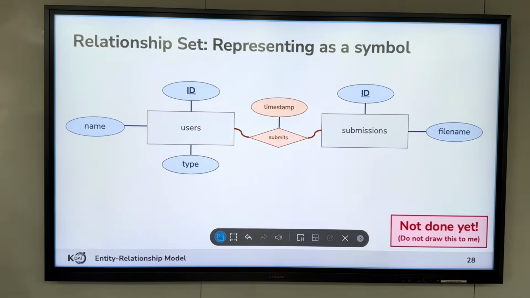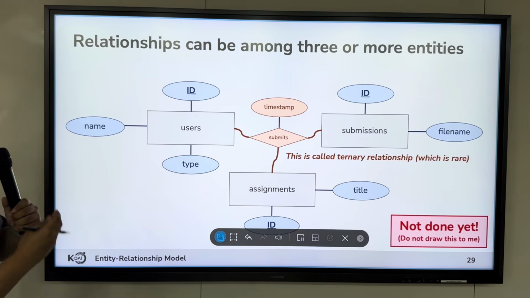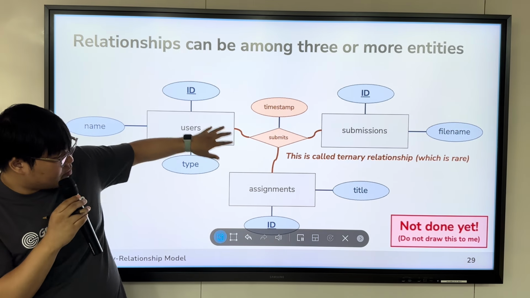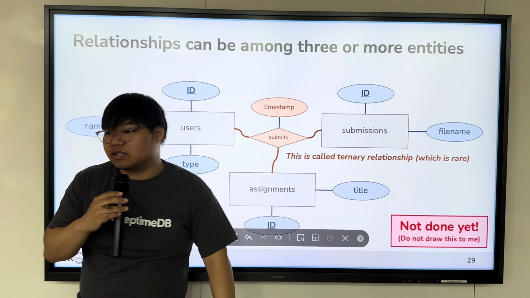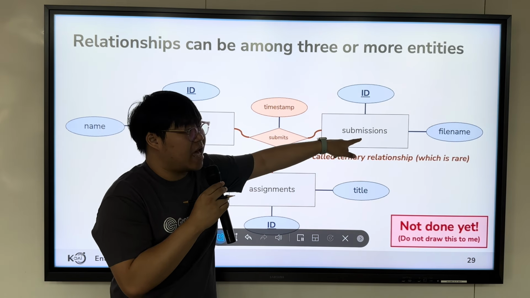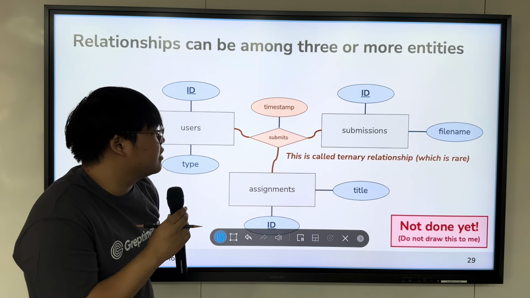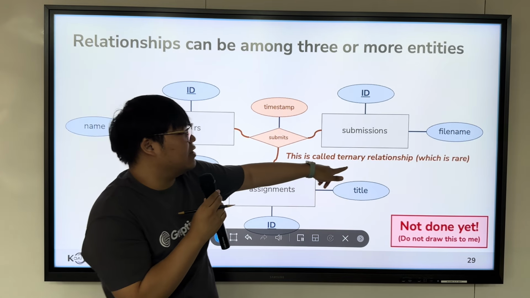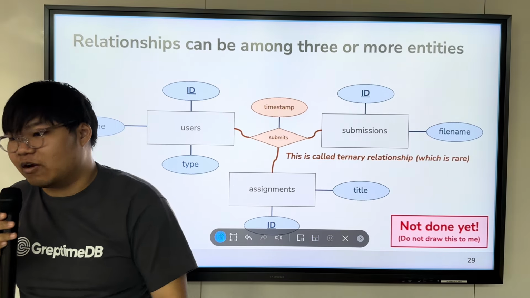But as I told you, a relationship doesn't need to be among just two entities. It could be among these three entities together, like this user submit this assignment as this submission on this timestamp. If you are in this situation, we call it a ternary relationship, which is pretty rare.